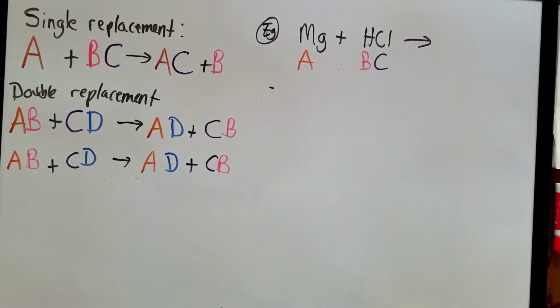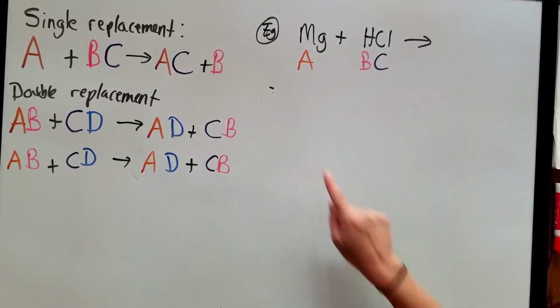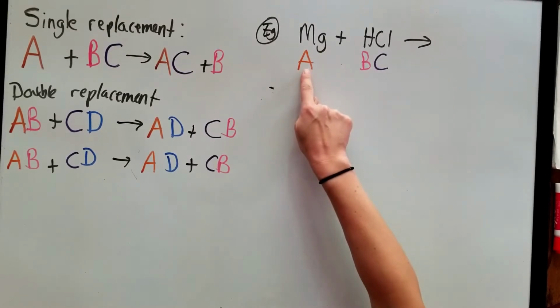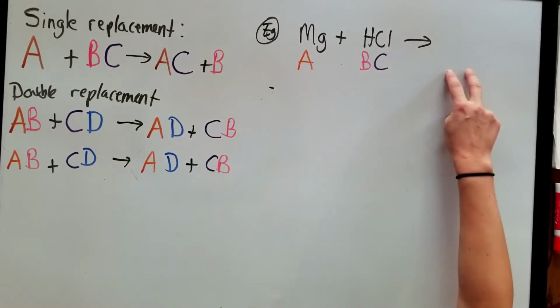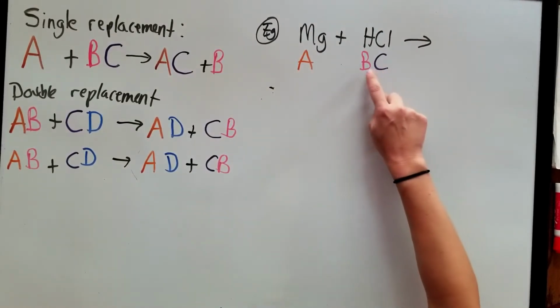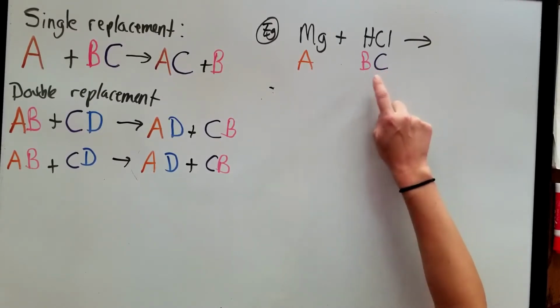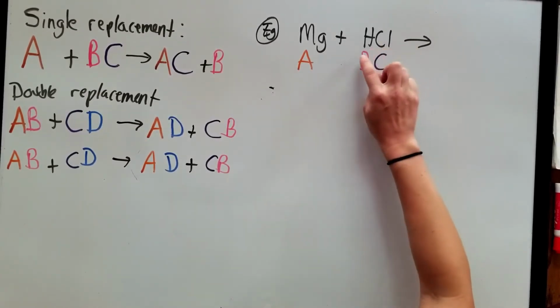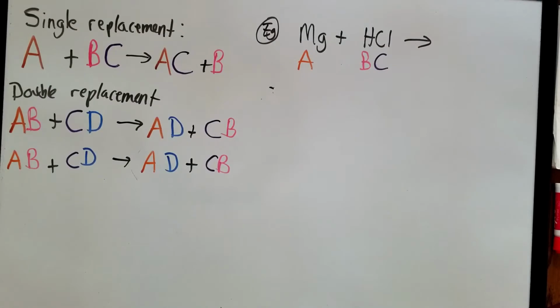To predict my products, I expect magnesium on the product side to be in a compound. It's going to take the place of either hydrogen or chlorine, and then I expect either hydrogen or chlorine to be by itself.